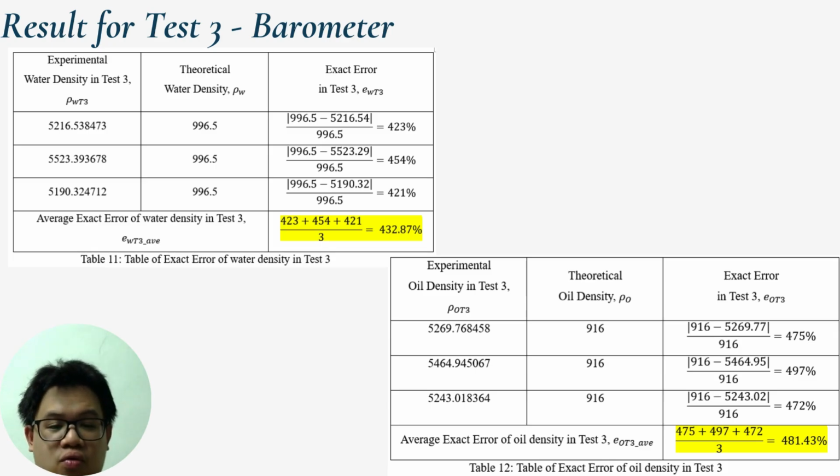For the oil density it is 481.43%. This is because we did not do enough research, and we used only a 2-meter pipe. When we carried out the experiment, we found that the 2-meter pipe was not enough for the barometer to extend the whole pressure, but we still managed to continue.